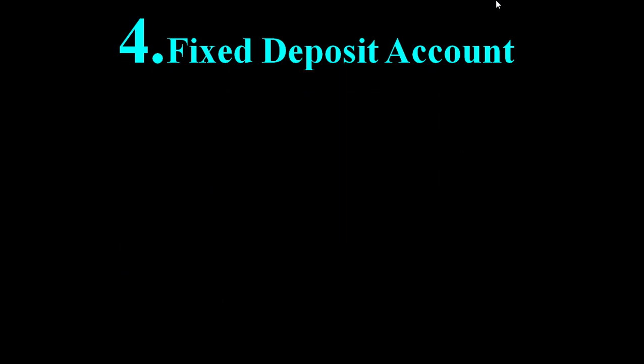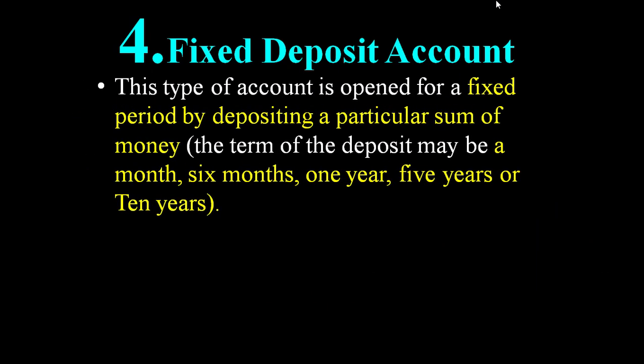And the fourth one, term or fixed deposit account. This type of account is opened for a fixed period by depositing a particular sum of money. The term of the deposit may be a month, 6 months, 1 year, 5 years or 10 years.